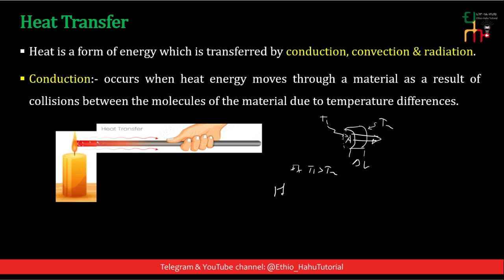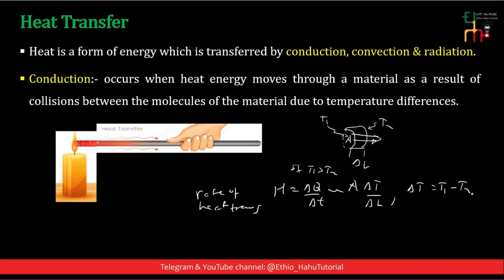The rate of heat transfer by conduction, the quantity of heat transfer per unit time, delta Q by delta t, is proportional to the cross-sectional area of the slab and the temperature gradient delta T by delta L, where delta T is T1 minus T2 and delta L is the thickness of the slab.